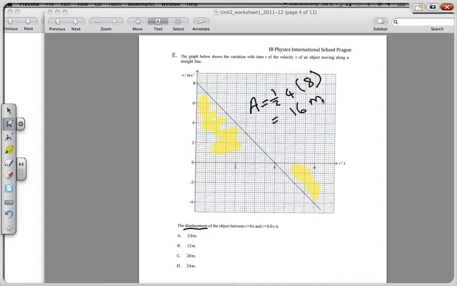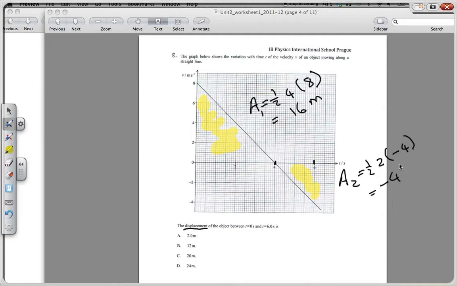That would be 16 meters. And then we've got this part over here from 4 to 6. I'll call that area 2. We can call this area 1. Area 2 is going to equal 1/2 times 2 times, now I'm going to put in -4 because it's a negative velocity there. So that's going to be -4.